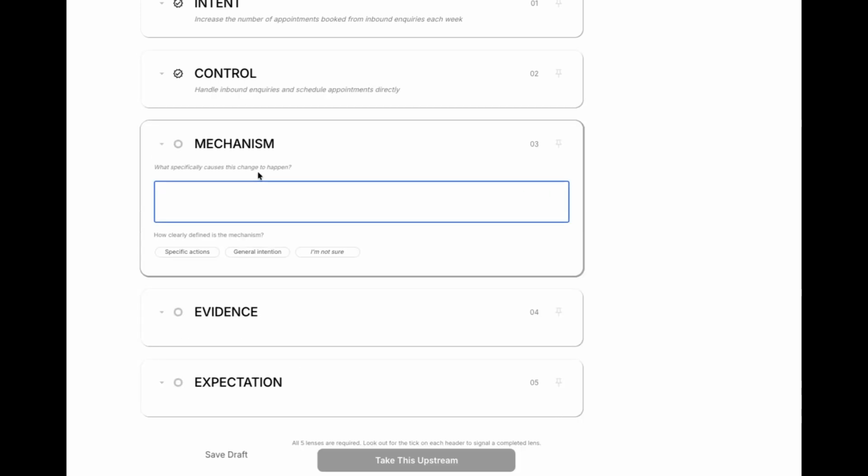What specifically causes this change to happen? So the mechanism describes the individual events that take place that are going to cause the expectation to be realized.